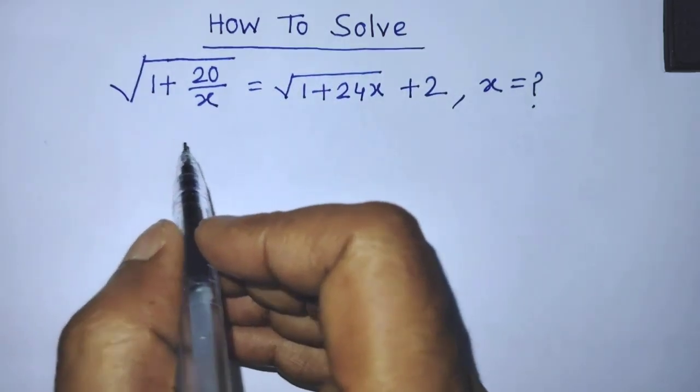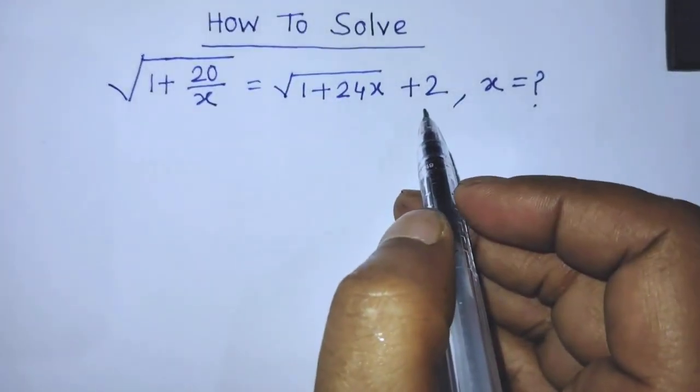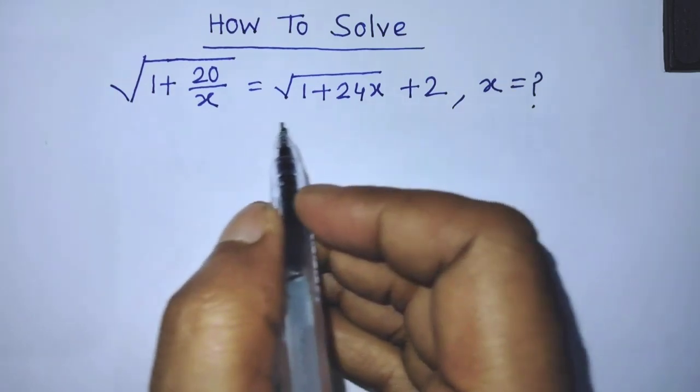To find the value of x from this algebraic expression, first of all we have to take the square on both sides of this equation.